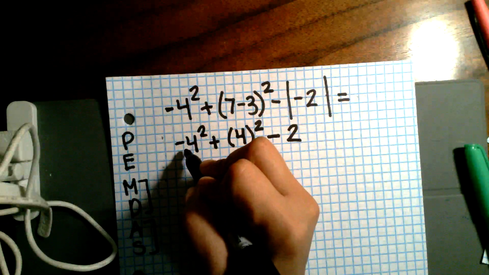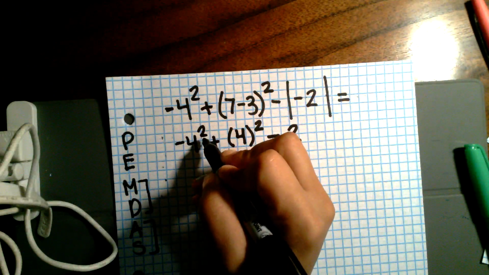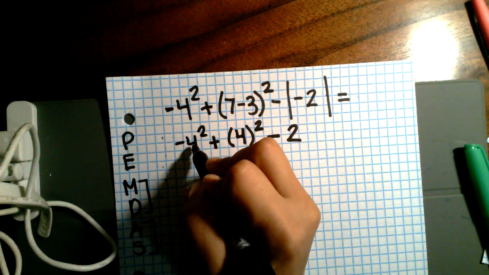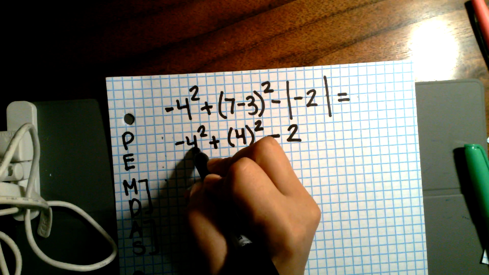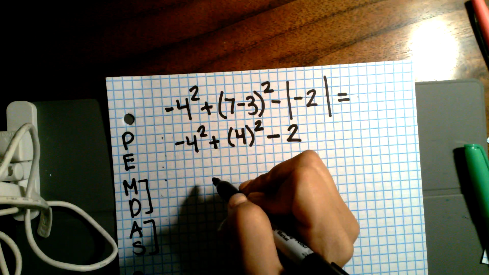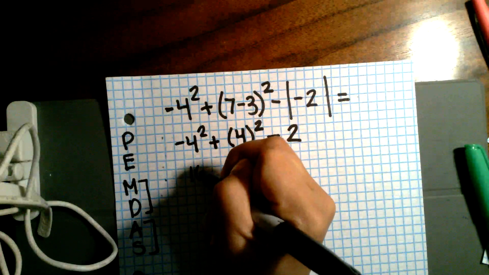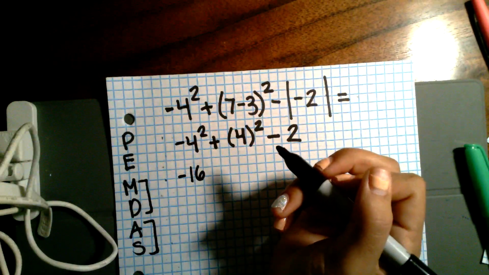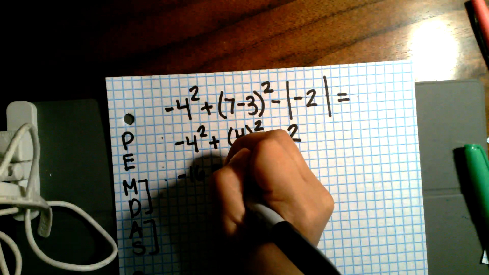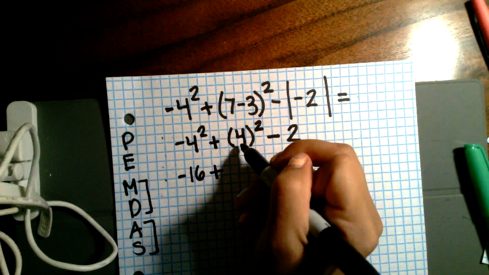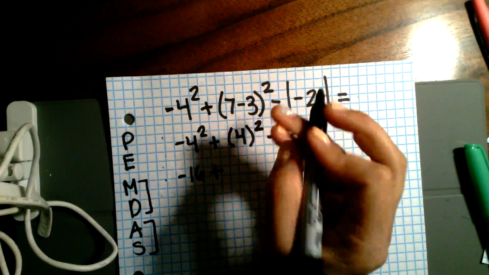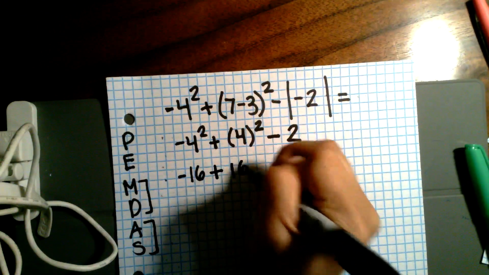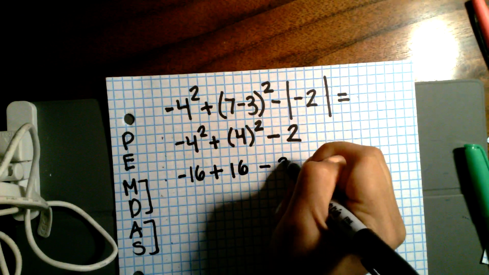So here we have negative and then 4 squared. The negative does not belong to the 4. I'm going to do 4 squared, which is 16, and then add back the negative at the end. Plus, here I have 4 squared, which would be positive 16, and then minus 2.